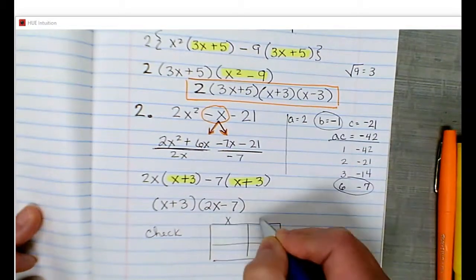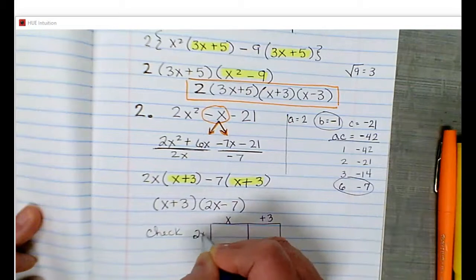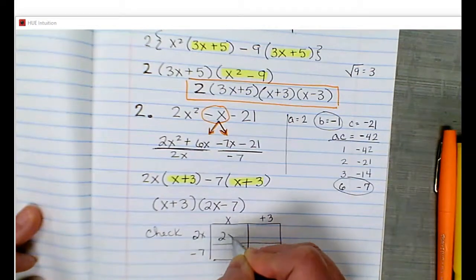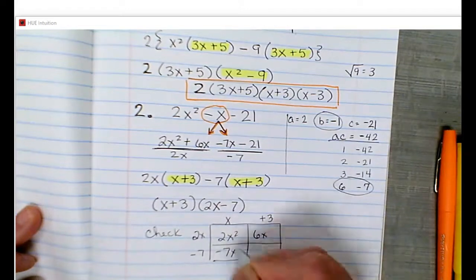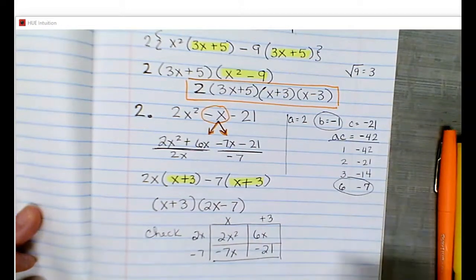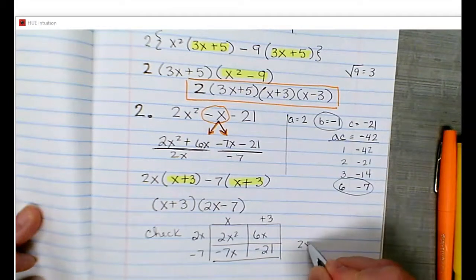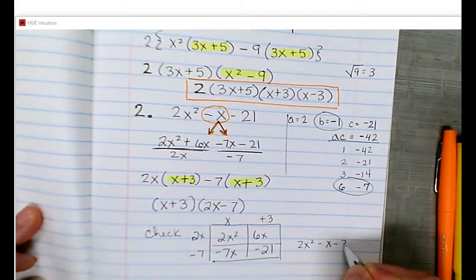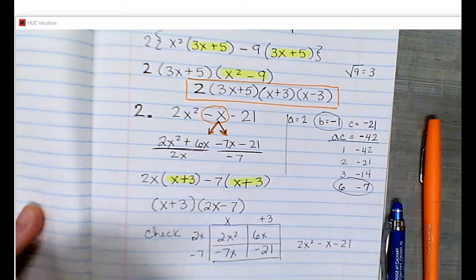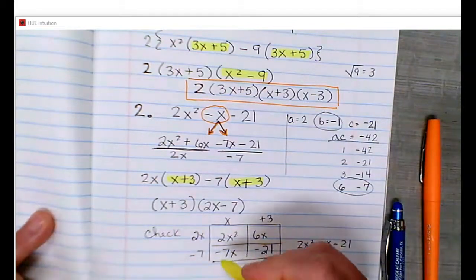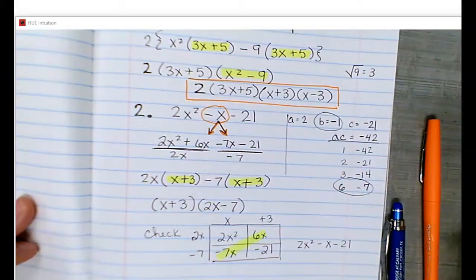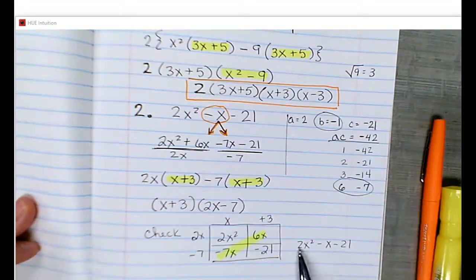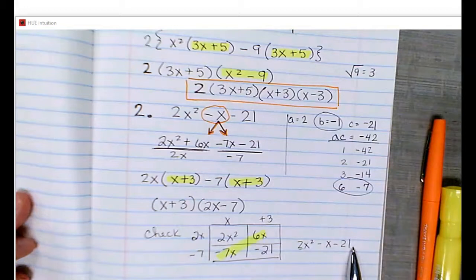This is x plus 3, 2x minus 7. Combine like terms. This is what we started with.